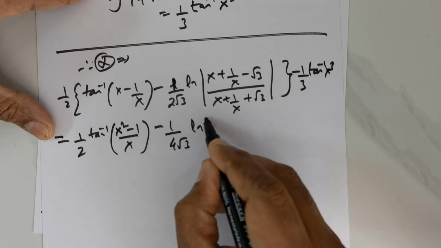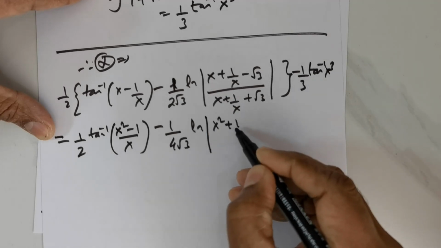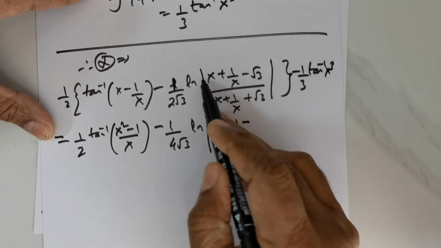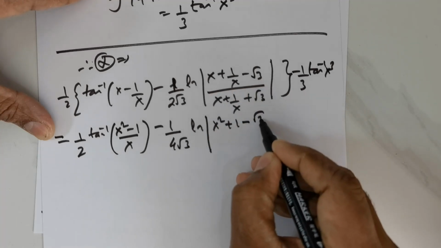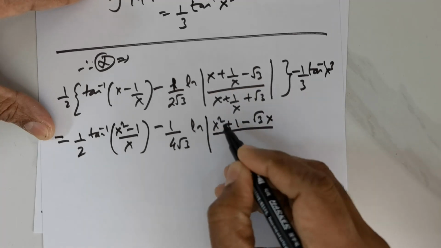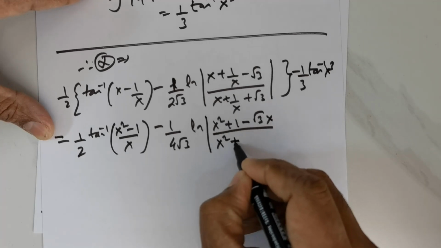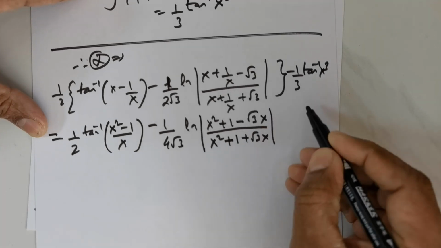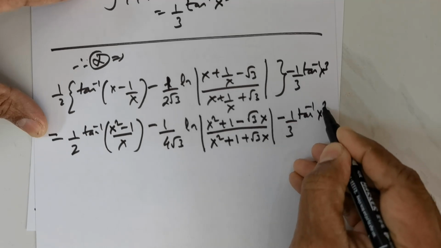This can be rewritten as ln modulus of (x² + 1)/x, and if you take the LCM as x, this is going to be (root 3 times x)/x, and that x can be cancelled, so it's going to be x² + 1 + root of 3 times x. And then − 1 over 3 times tan inverse of x cubed.